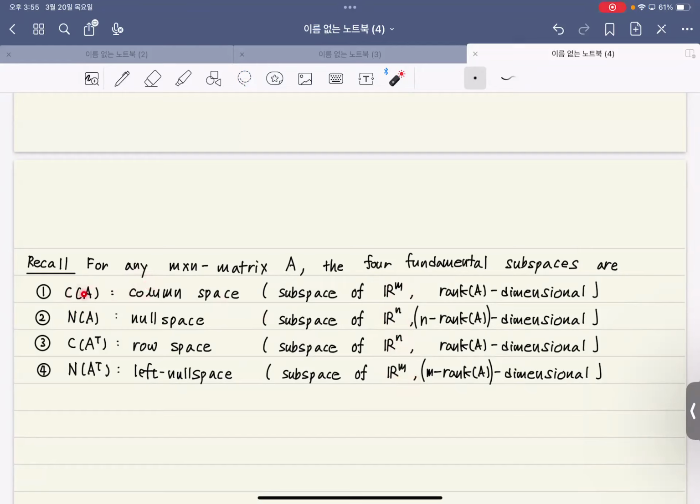It looks like the column space and the left null space belong to the same ambient space Rm, and likewise the null space and the row space belong to the same ambient space Rn. I just want to group these two and those two. If you remember my previous lecture from last week, the column space was orthogonal to the left null space, and the null space was orthogonal to the row space, right? So if you choose any vector from one, it should be orthogonal to every vector in the other, and so on. Also, I spelled out the dimensions of each of these vector spaces.